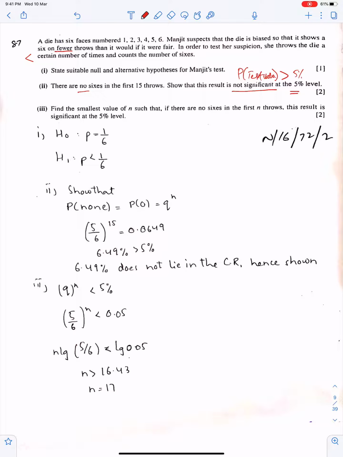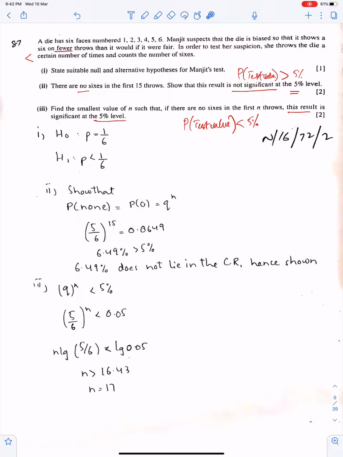And when it says it's significant, then the probability of the test value must be less than this percentage. Because in the last part it says this result is significant, so the probability of the test value must be less than this percentage. You must understand this concept well.